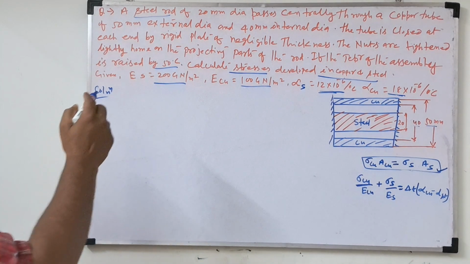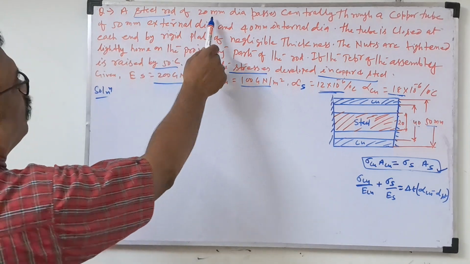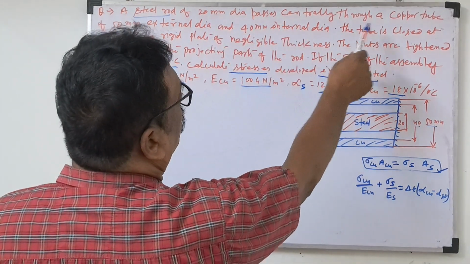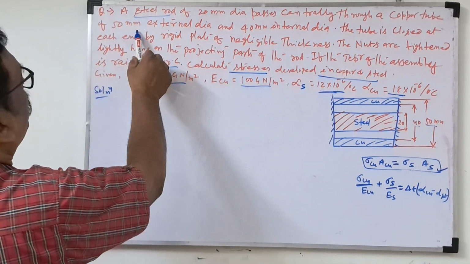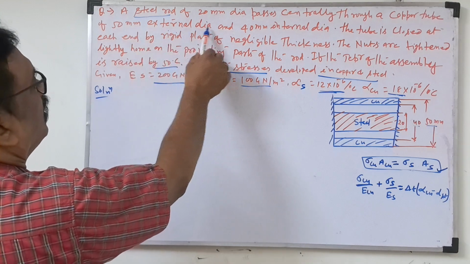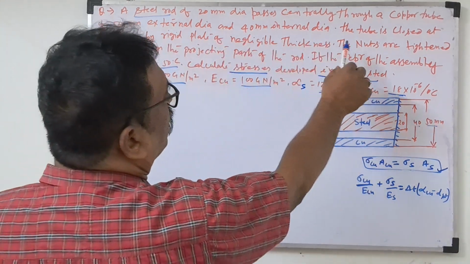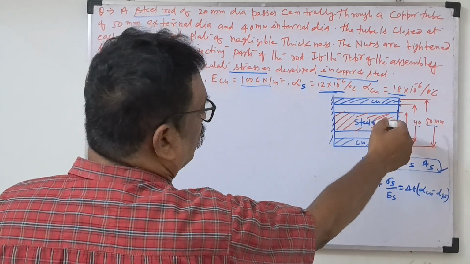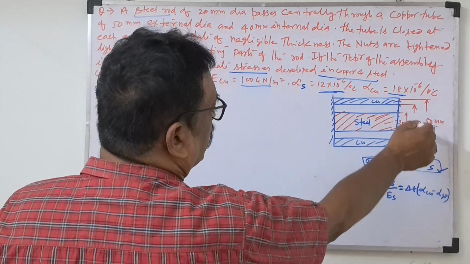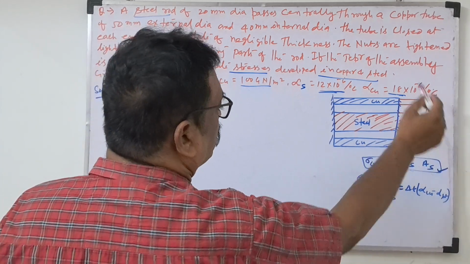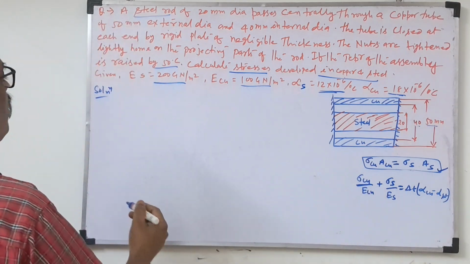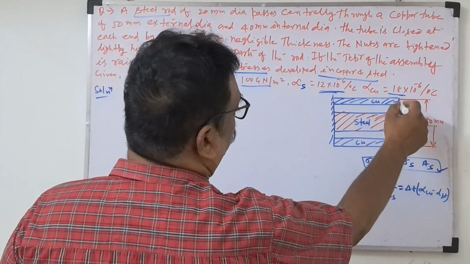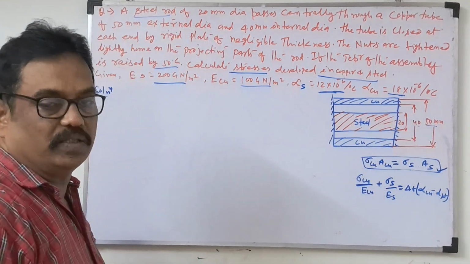So what is the problem given? A steel rod of 20 mm dia passes centrally through a copper tube of 50 mm external dia. So the steel dia is 20, the internal dia of the copper is 40 mm and the external dia is 50 mm. Both sides are fixed, then only thermal stresses will develop.